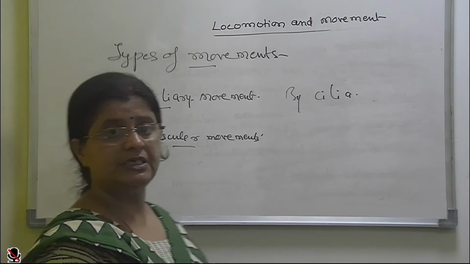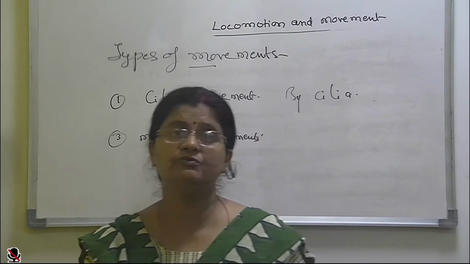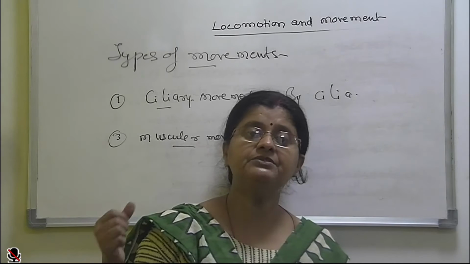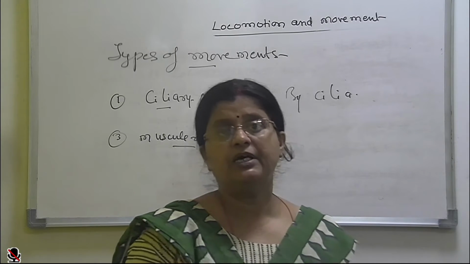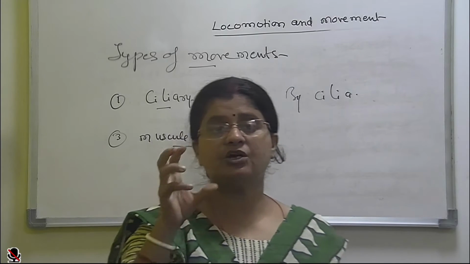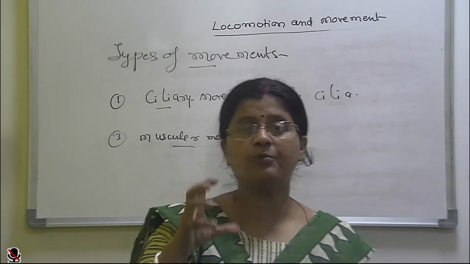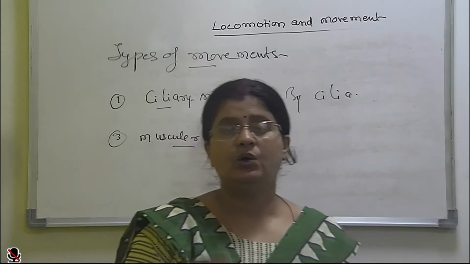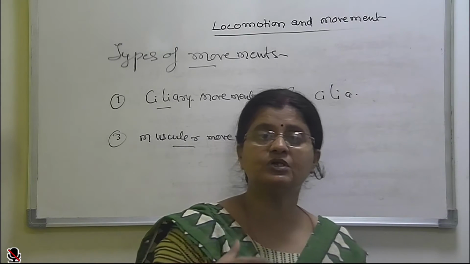Muscular movements. In this muscular movement, the main examples you will find are the movement of the limbs, jaws, tongues, etc., right? Here you remember that this muscular movement is actually the result of the contractile property of the muscle. The contractile property of the muscle actually helps in the muscular movement.